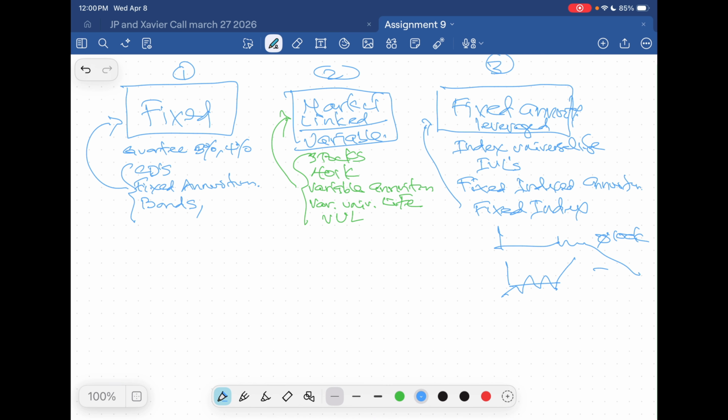It locks up here, and so when the market goes right up, the difference is growth. So there's growth. The floor is zero, which is called the fixed index, correct? IUL, or fixed index annuity. This is where we get this kind of growth.